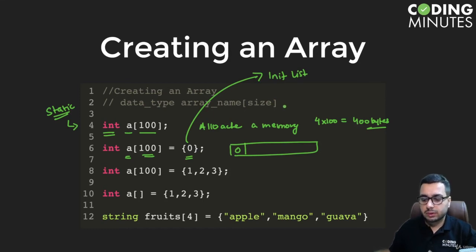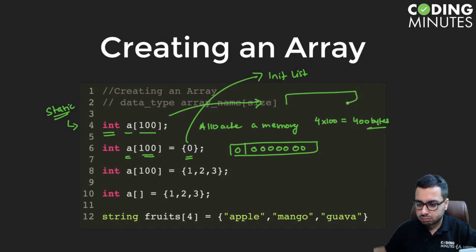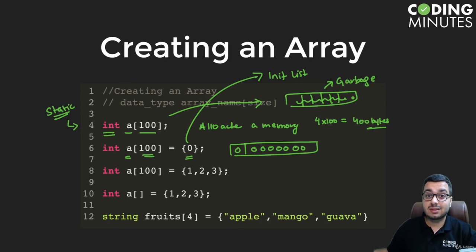Whenever you do initialization of an array, the remaining elements of the array would automatically become 0. In the first case, if you print this array, you will see that it contains some random data. We call this random data garbage data. We have not done initialization, and if it is not initialized, it will contain garbage.